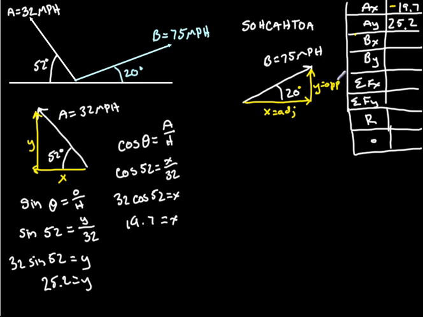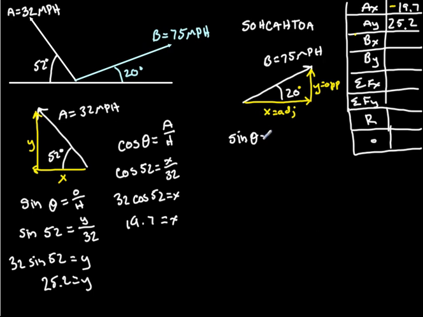And our y is our opposite. Let's check our negatives and positives. X is going to the right, and y is going up, so they are both positive. We don't really need to worry about making them negative.